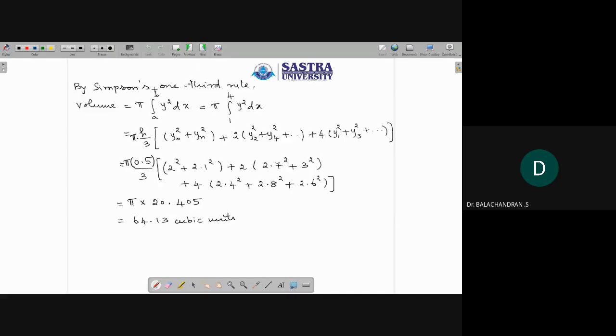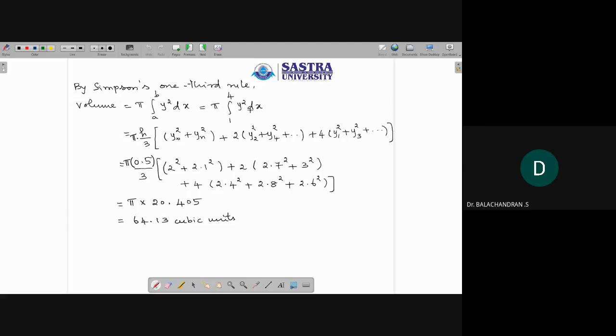Now, using Simpson's 1/3 rule, I'm going to find the volume. The formula is pi into the integral a to b of y squared dx, where a is 1 and b is 4.